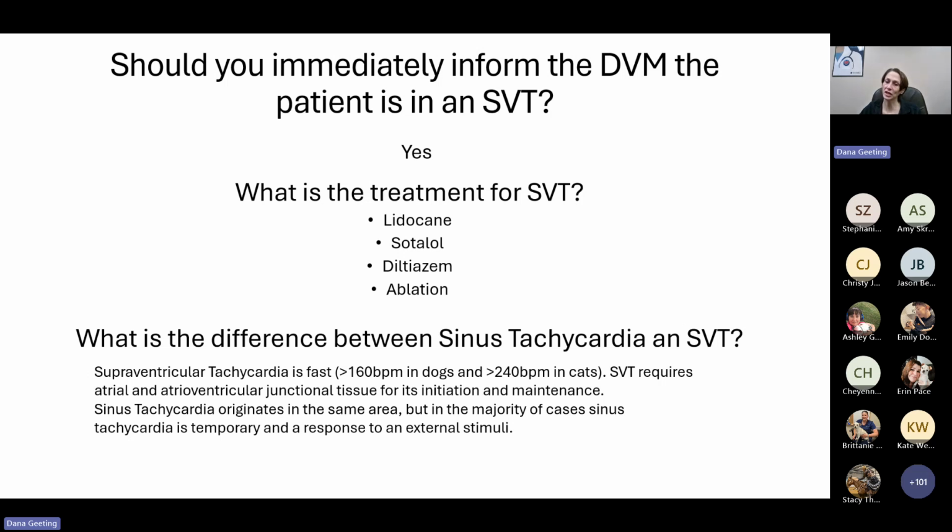An ablation is done under the cardiac specialty, but that is basically where they would go in, usually done under an echocardiogram with like a little laser or something, and they would hit that area that they believe is causing the irregular heart rhythm.